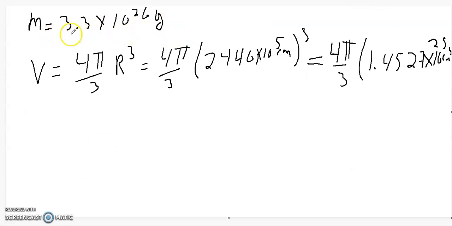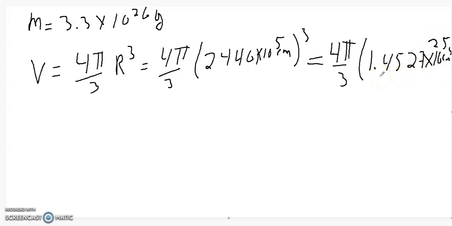So the mass, as you recall, is 3.3 times 10 to the 26 grams. We did a conversion for that. And then we converted our radius into centimeters, so it's 2,440 times 10 to the fifth centimeters, but we have to cube that. So when we cube it, that's supposed to be a 5.